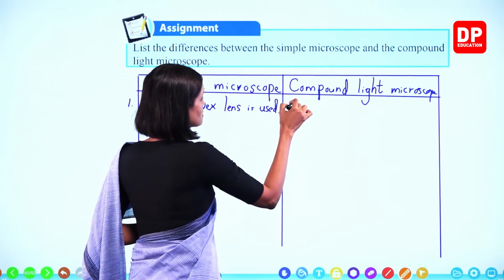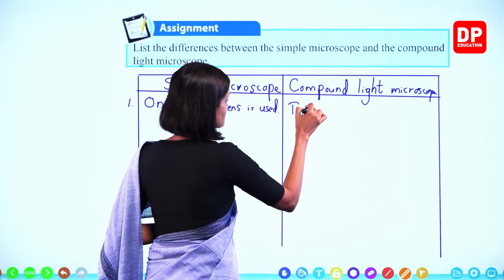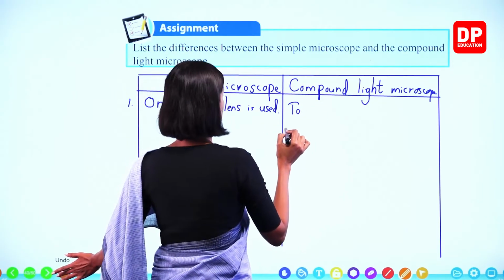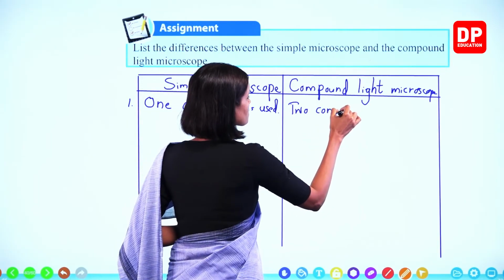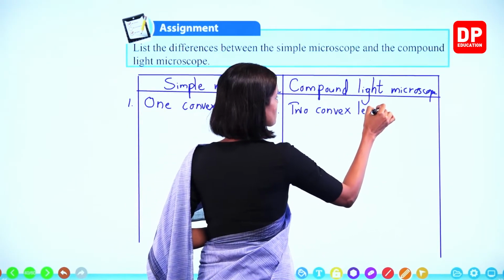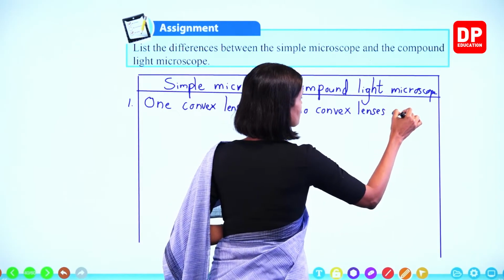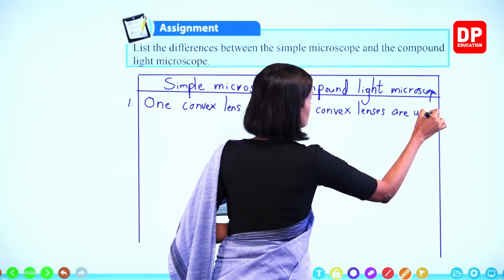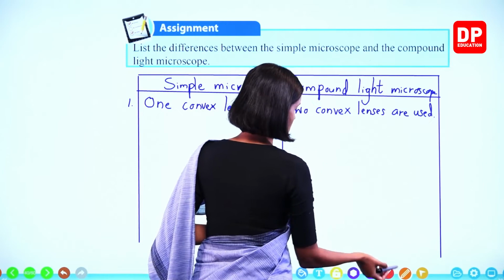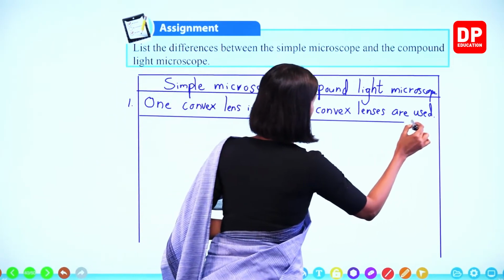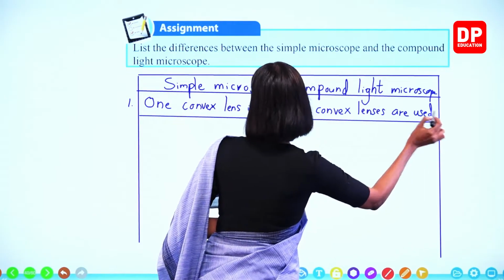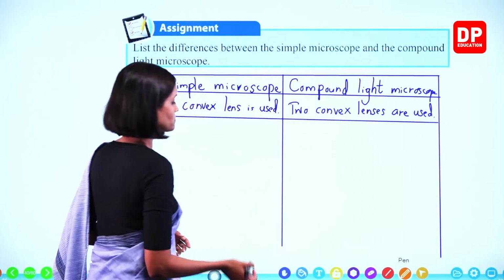Here, 2 convex lenses are used. Right? Number 2.